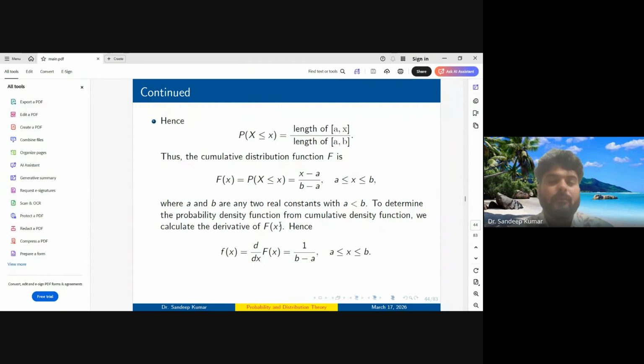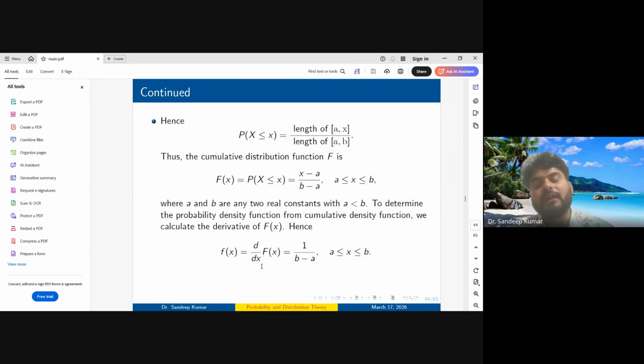To determine the probability density function with the help of the cumulative distribution function, if I differentiate the cumulative distribution function with respect to x, I will get 1 upon (B minus A).